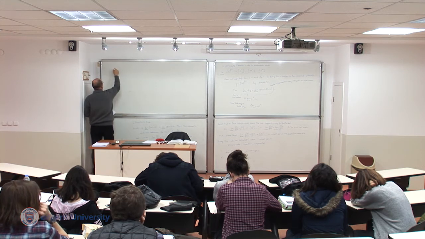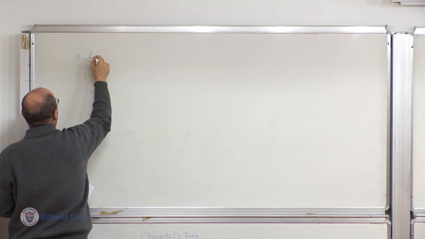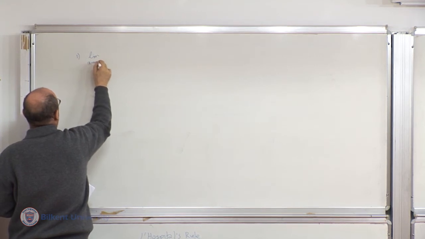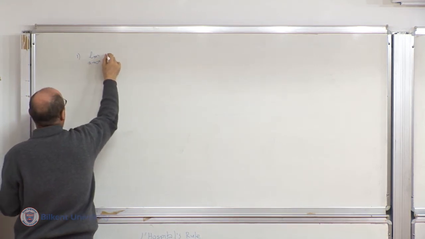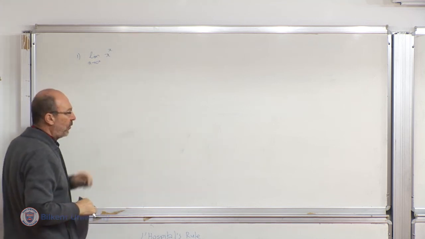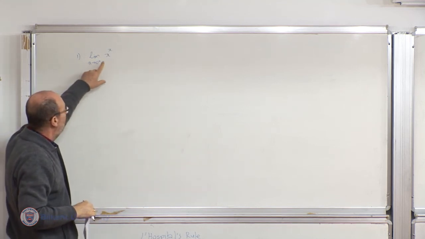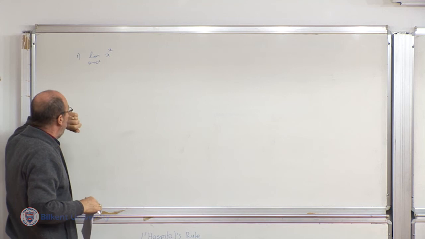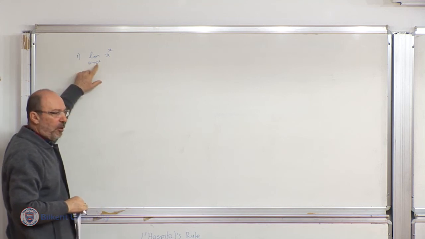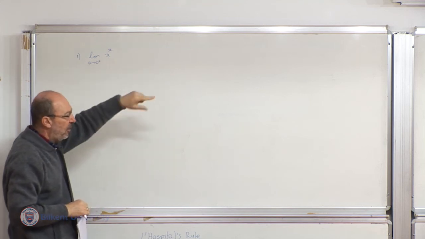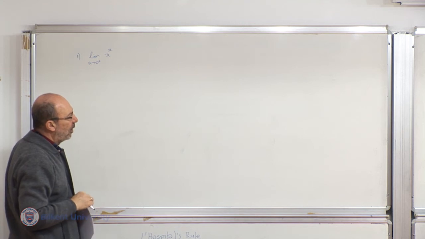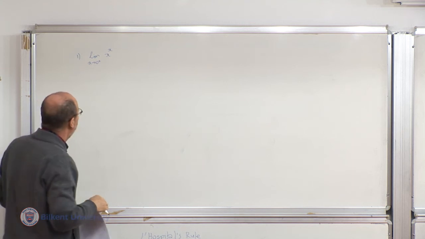So we did this one, the limit as x goes to 0 from the right of x to the power x. Okay, so it's of this form, 0 to the 0. x is going to 0 from above, so x is always positive, so we can talk about ln of x.